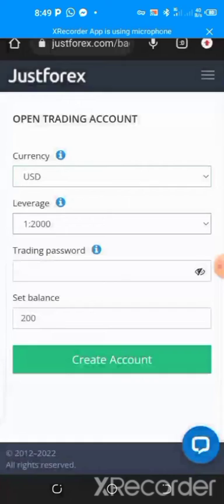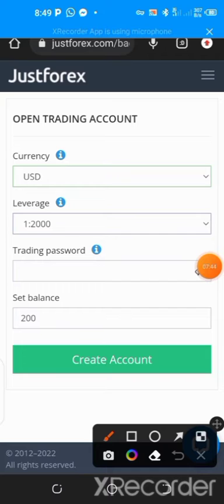This simply means if you take a leverage of 1:2,000, you can put $1 in your account, and due to the help of the leverage, the broker will allow you to make up to 2,000 times the amount you have. You are putting in one and he's giving you 2,000. If you put in $100, you'll be able to have $2,000 in that account. So that's the power of leverage.